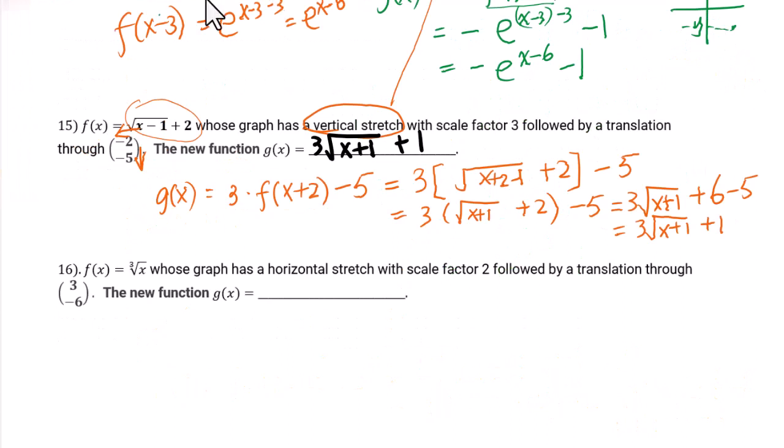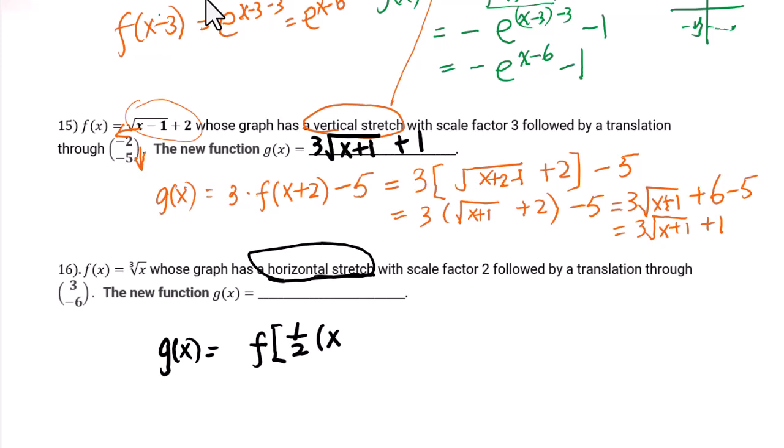16. F of x equals cubic root of x whose graph has a horizontal stretch with a scale factor 2 followed by translation through (3, negative 6), the new function g of x. Let's write down the general form. So f of, inside is a liar, 1 over 2, x minus 3, minus 6.